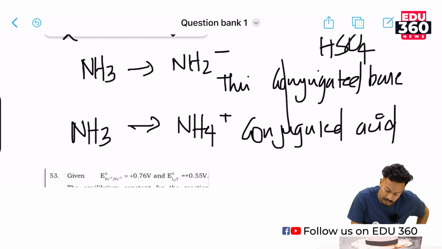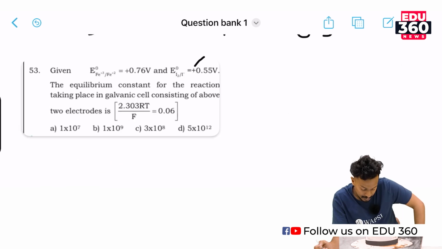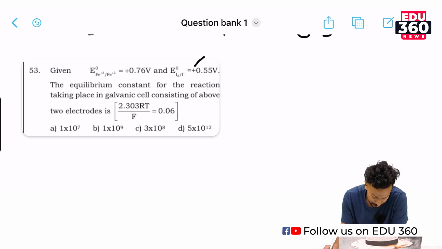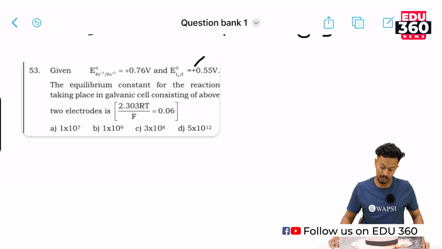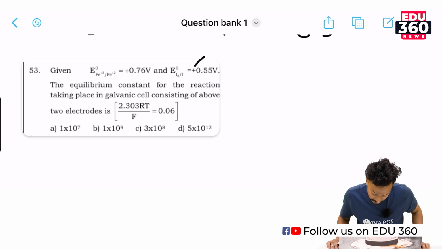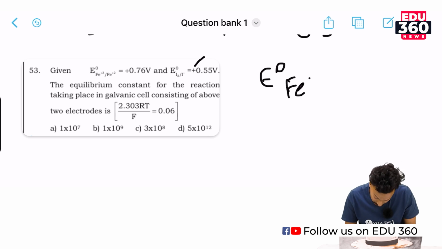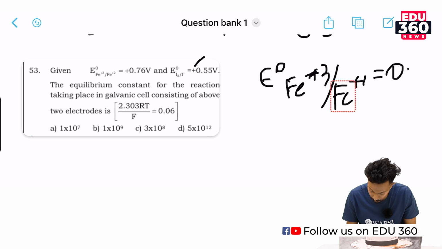Moving on to our next question. Given the E0 of Fe3+ to Fe2+ is +0.76 volt and the other is 0.055. Okay, so the cathodic reaction for this EMF would be Fe3+ to Fe2+, which gives 0.76, right?